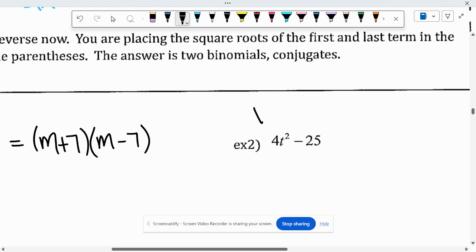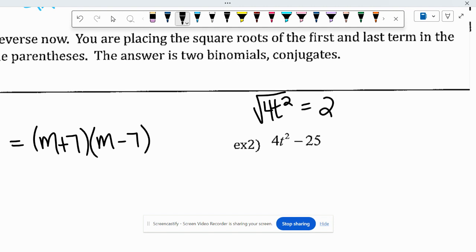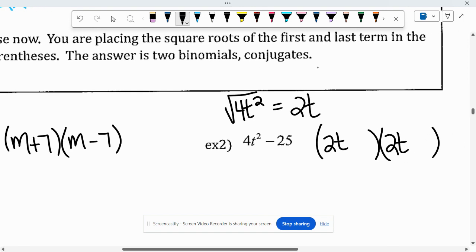Let's see. What is the square root of 4t squared? Well, the square root of 4 is 2, and the square root of t squared is t. So this factors out as 2t plus something and 2t minus something. What am I adding and subtracting to the t's?